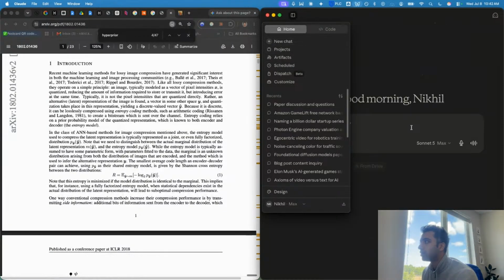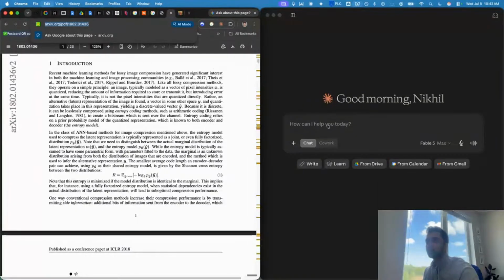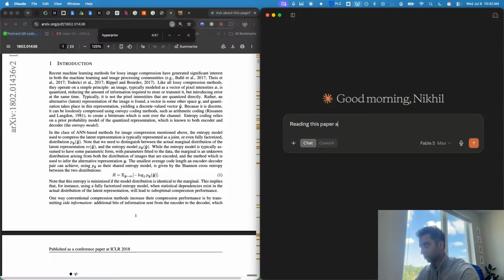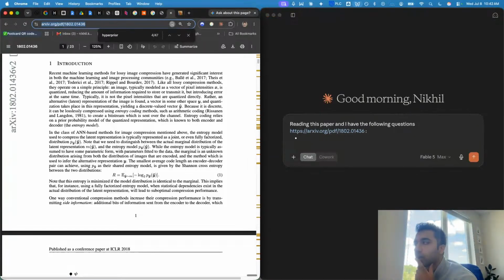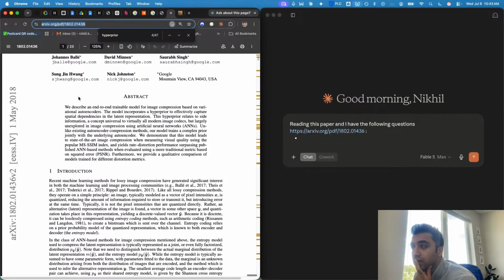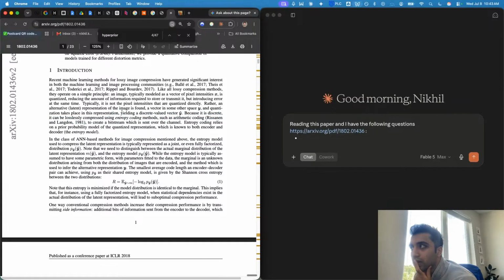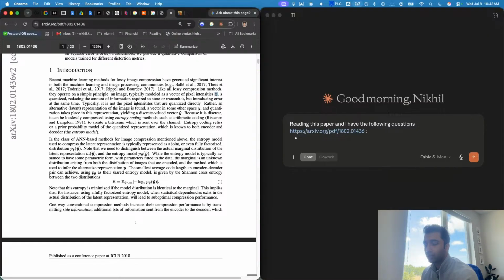Let's just open a new chat. Okay, so you have X. You quantize X. The coordinates are continuous, and you transform it into something where the coordinates are discrete, so you quantize it.